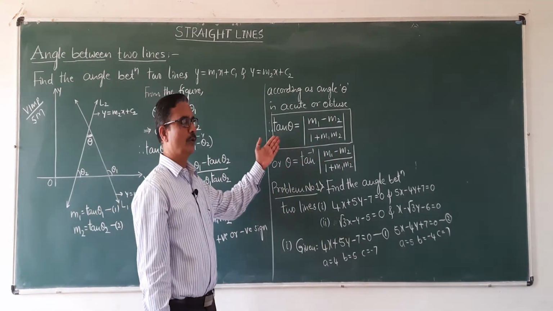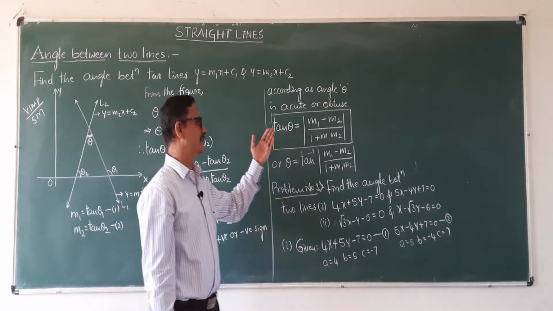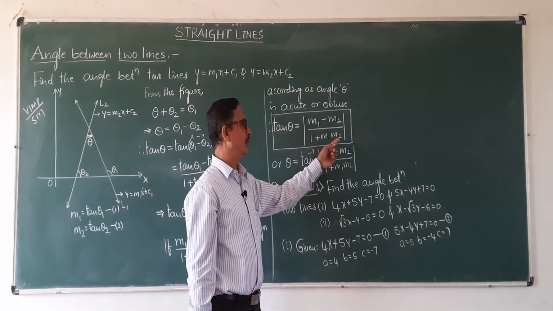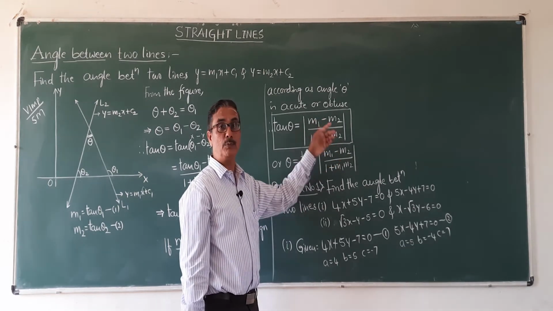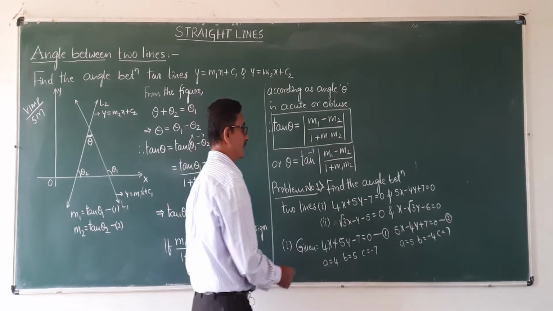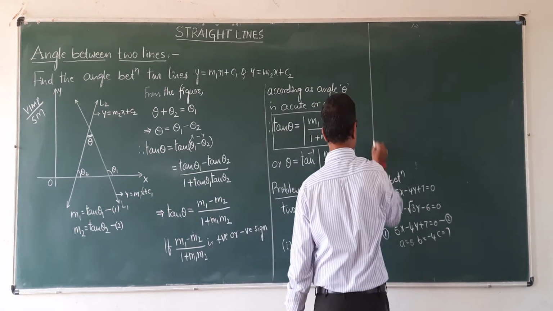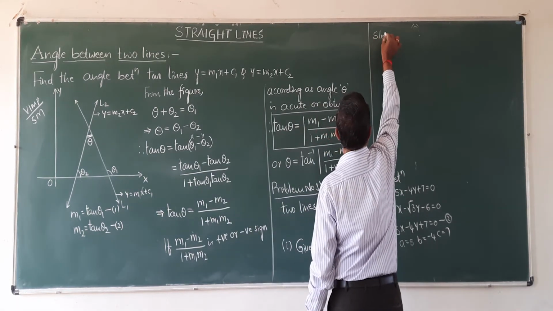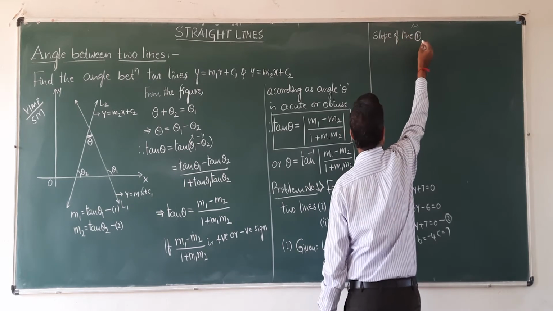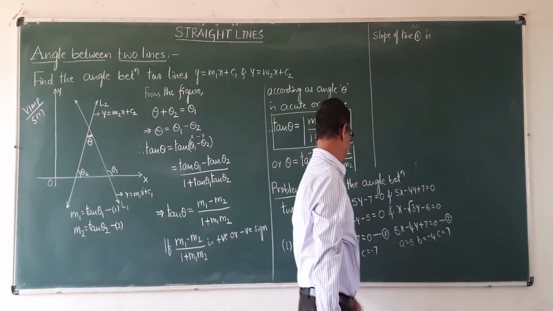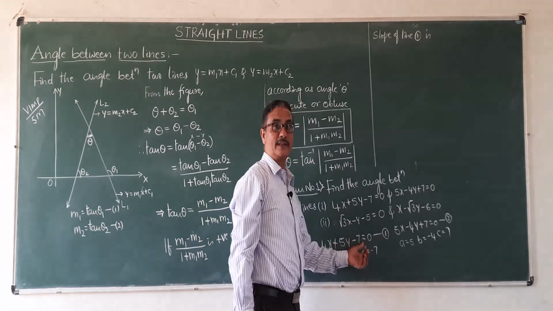Now you know the formula for angle between two lines, that is tan theta is equal to modulus of m1 minus m2 by 1 plus m1 m2, where m1 m2 are slopes. Now to find the slope, slope of line 1. It is in the form ax plus by plus c is equal to 0.